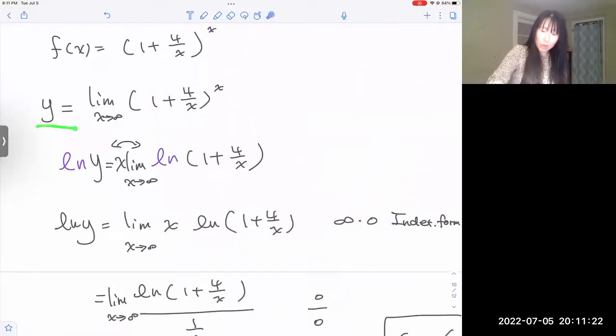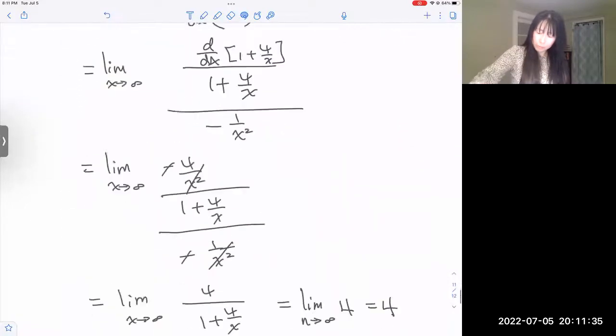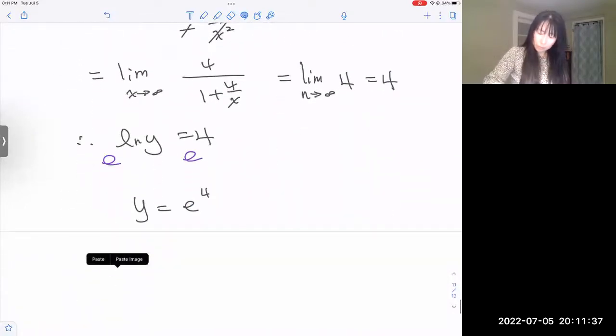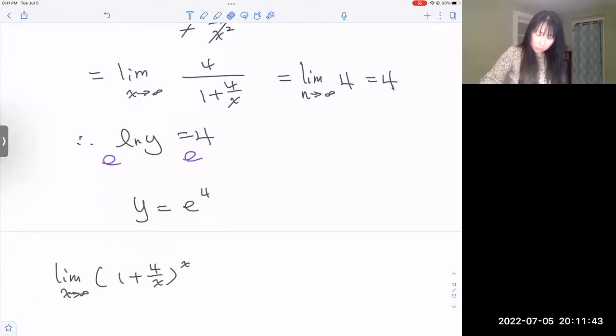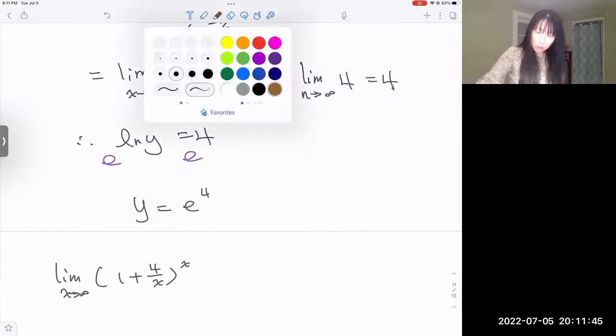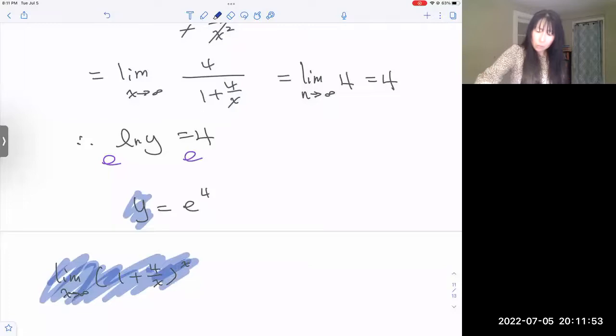So we said that y equals e to the 4, right?